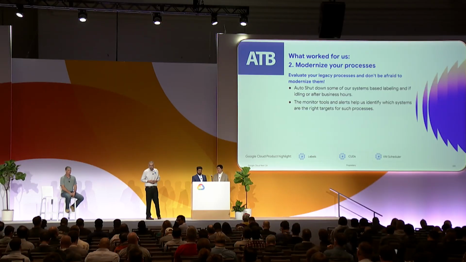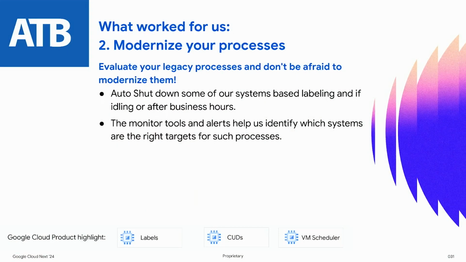The second item that helped us on our journey was that we evaluated our processes and saw what could be improved. Depending on where you're coming from, in our case, we came from an AIX Power Server environment. A lot of our processes were designed and created around the on-prem Power Server's abilities at the time.